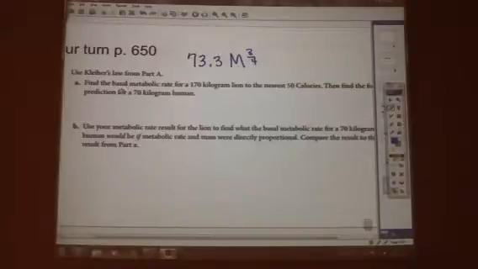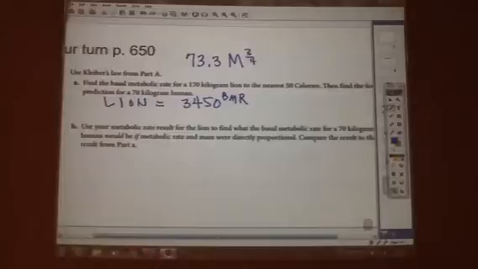Find the basal metabolic rate for a 170 kilogram lion to the nearest 50 calories. So what did we say the lion was? 3,450, right? Yes. Okay. That's the basal metabolic rate.